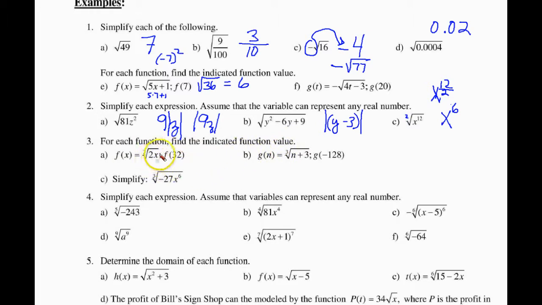Okay, we're going to multiply now the 2 by the 32 and get the cube root of 64. Now you may or may not know that, but the cube root of 64 is 4. 4 times 4 is 16. 16 times 4 is 64.